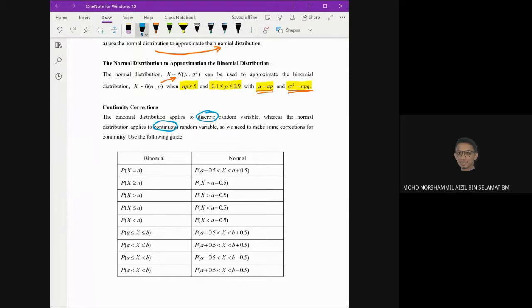Recall balik, discrete we have two, binomial and Poisson. Ada dua jenis. And then for continuous, we have normal distribution only.